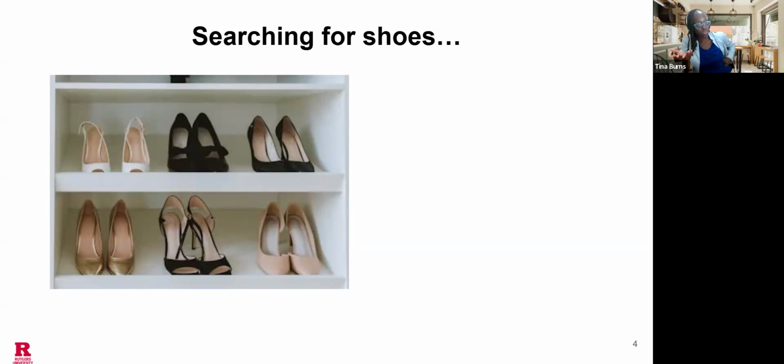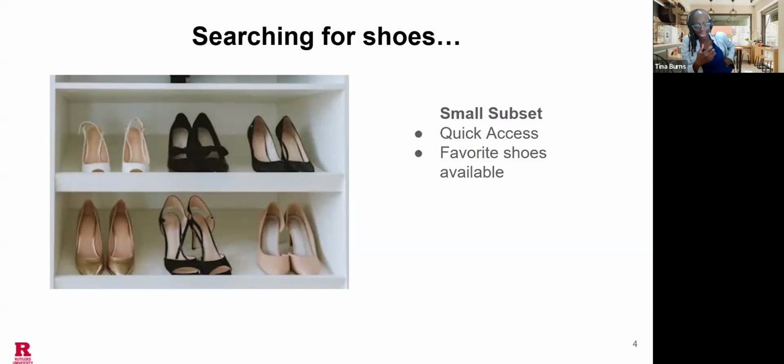So the sneakers that I always wear, or particular dress shoes that are more common. And the reason I do that is because I can access them really quickly. And if I know there are only a few pairs of shoes to wear, it's easy for me to choose from that. It takes less time for me to access it, and I'll always have the favorite items that I want available and I know where they are, as opposed to trying to search in this big room full of shoes.